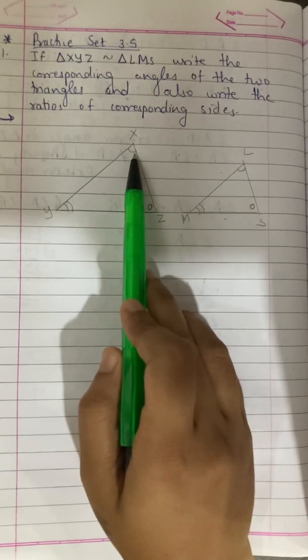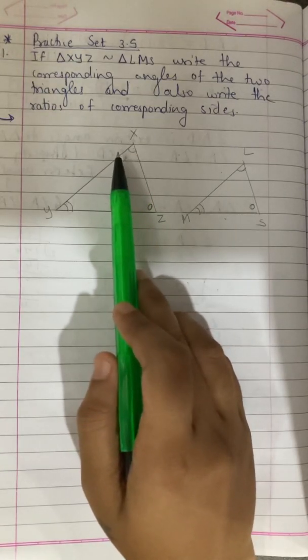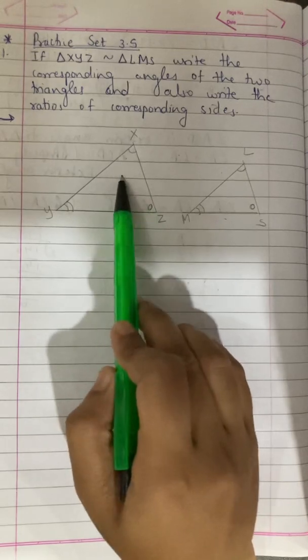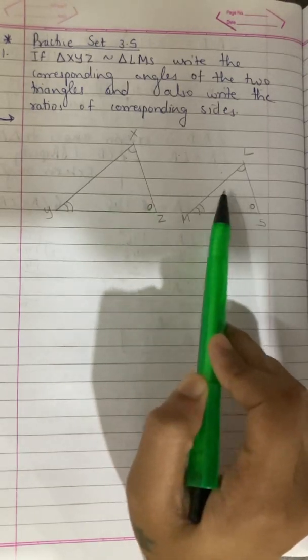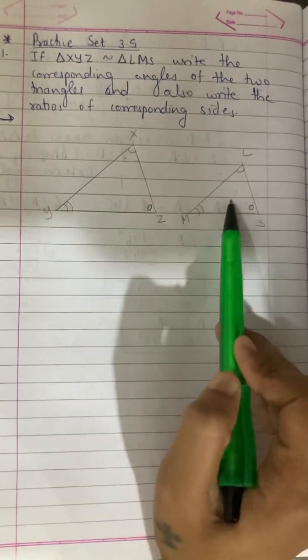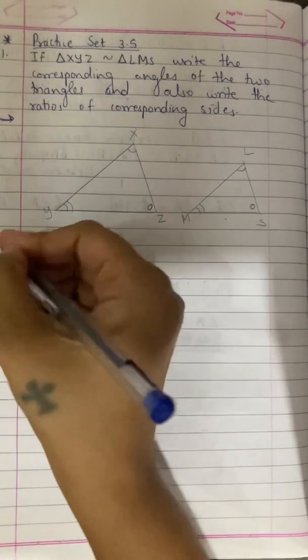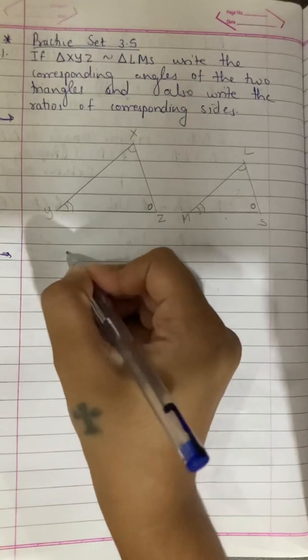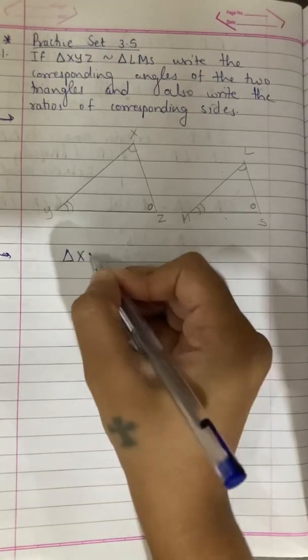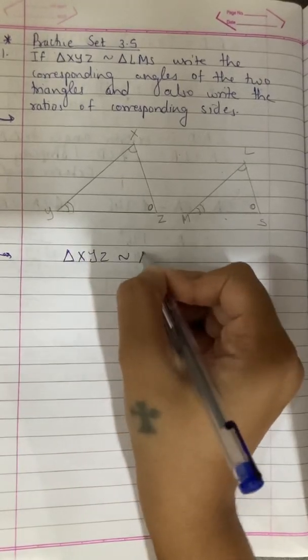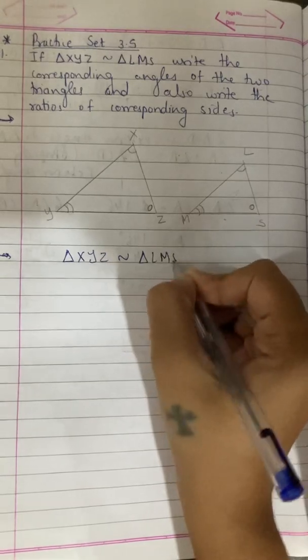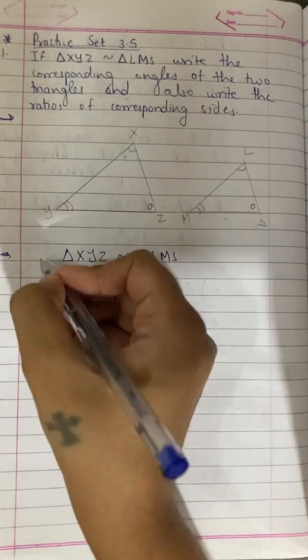Similar triangles means what? All the three angles of triangle 1 are equal to all the three angles of triangle 2. All right. Now, what have they asked? Triangle XYZ is similar to triangle LMS. They want us to write down the corresponding angles.